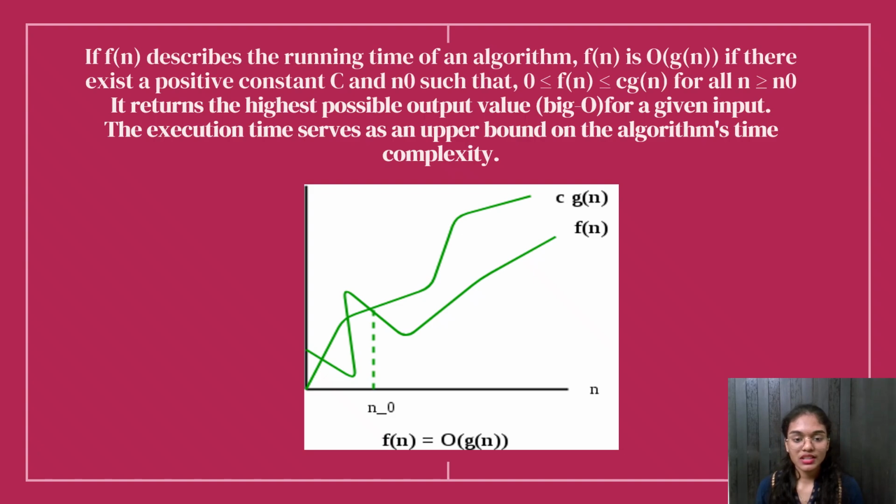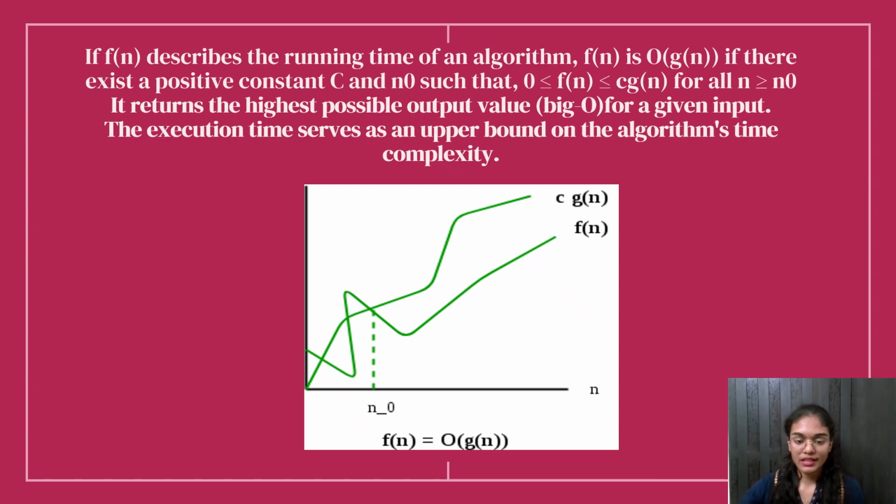The execution time serves as an upper bound on the algorithm's time complexity. In this diagram, we can see f of n is equal to O of g of n.